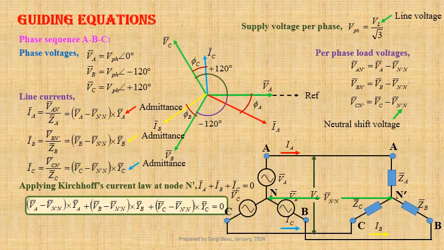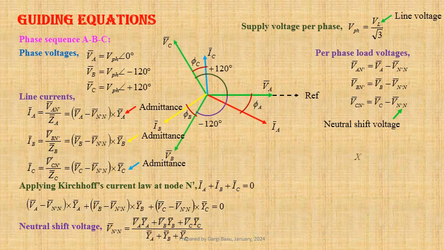From this equation, we get the expression for neutral shift voltage VN'N equals (VA into YA plus VB into YB plus VC into YC) divided by (YA plus YB plus YC).